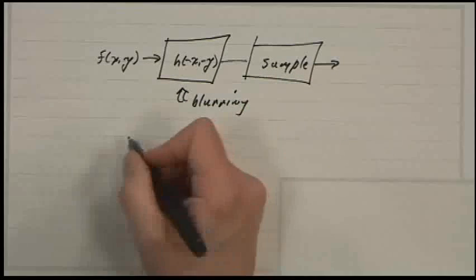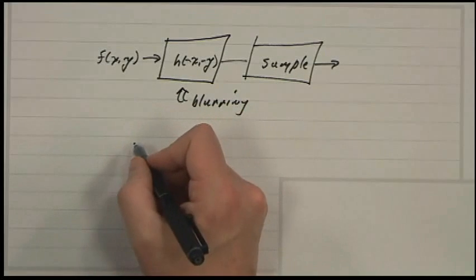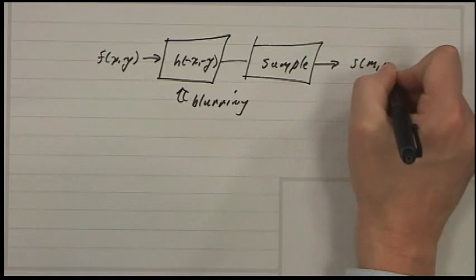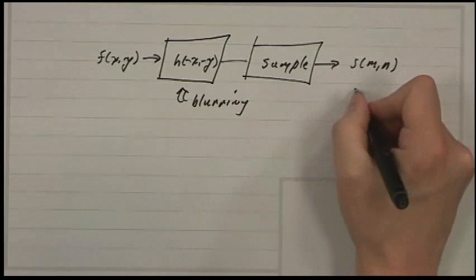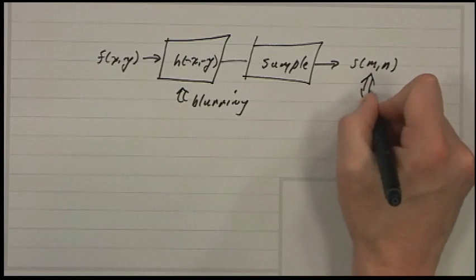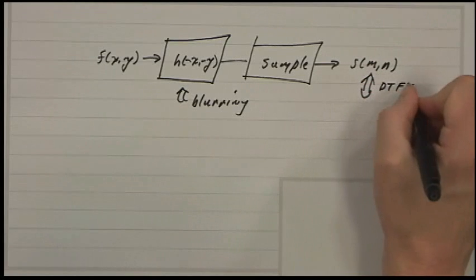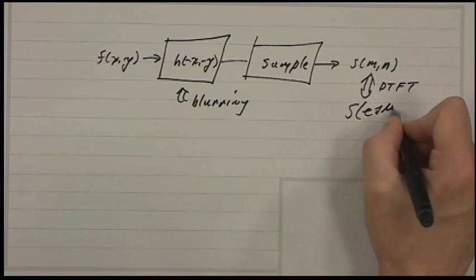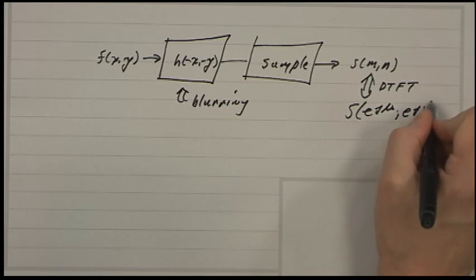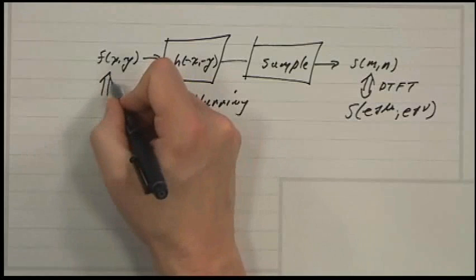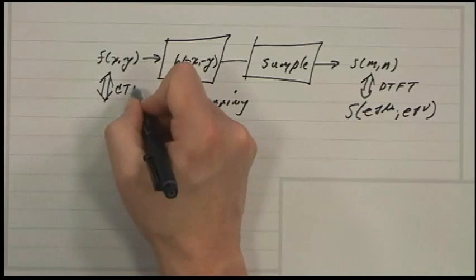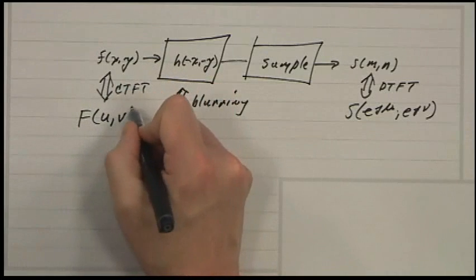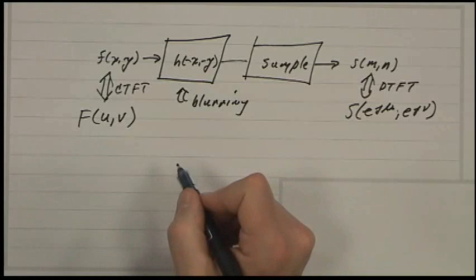So in the frequency domain, this is s of m, n. It has a discrete time Fourier transform, S of e to the j mu, e to the j nu, and this has a continuous time Fourier transform of f of u, v.